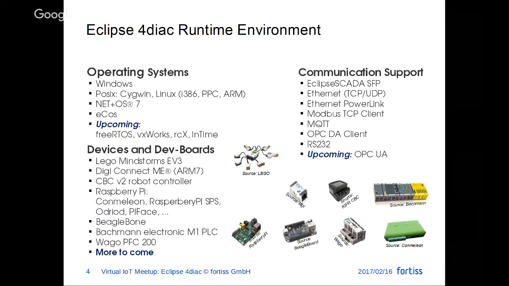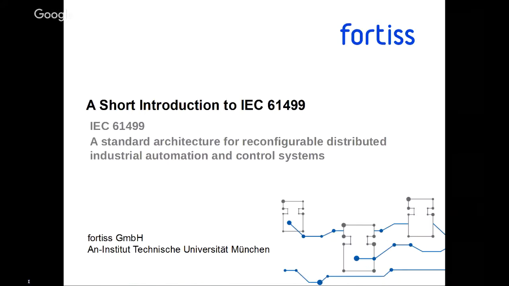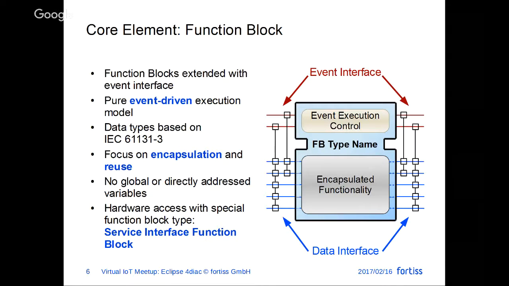So before going to the live demo, I would give you a very quick introduction to what this IEC 61499 is all about. I've been teaching 4diac and 61499 for many, many years, and I learned that having a rough idea helps you to better understand how to work with 4diac. IEC 61499 is a graphical modeling language.